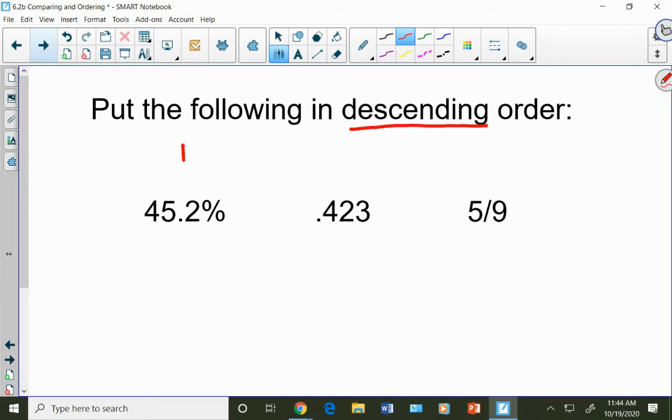So this is already a percent. This one is not. So I'm going to change it using D2P. So this will be 42.3%. Now, 5/9 is a repeating decimal.